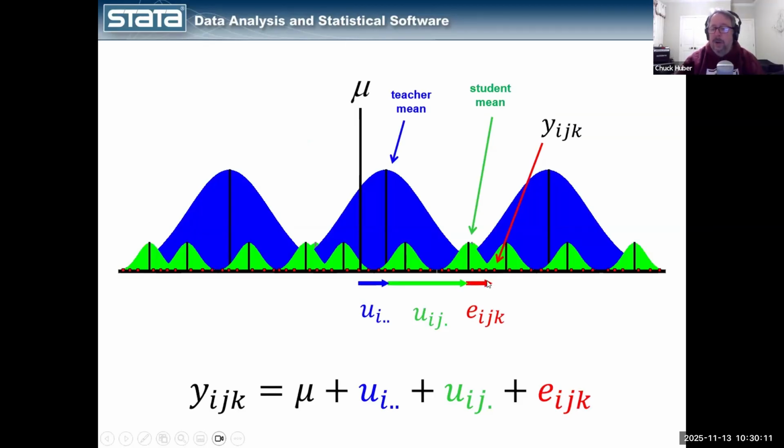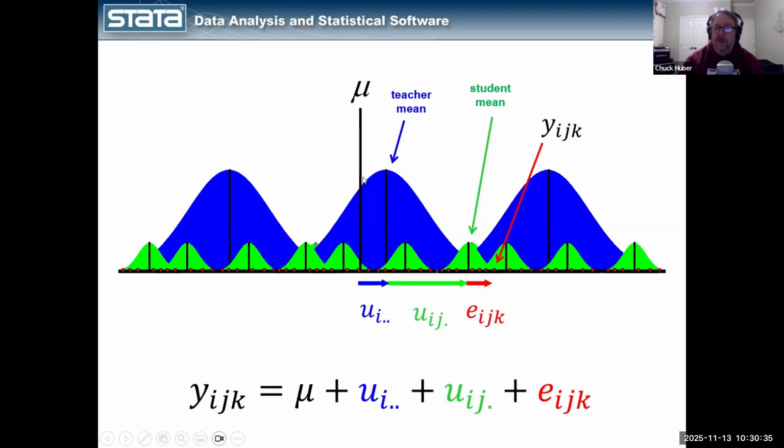So this red line, or e_ijk, is the deviation of the observation from the individual student's mean. And then the green arrow, u_ij0, that green arrow length is the deviation of the student's mean from their particular classroom mean. And then the blue line here labeled u_i00, that's the deviation of the classroom mean or teacher mean from the overall grand mean.